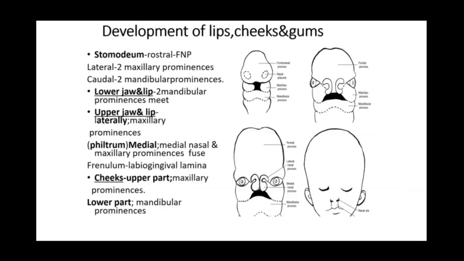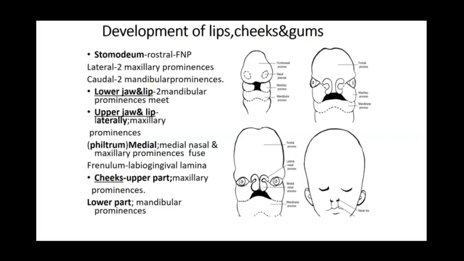So the upper lip and the cheek and a small portion of the lateral part of the nose, or the ala of the nose, are all going to develop from the maxillary prominences fusing with the lateral nasal prominences, the two maxillary prominences fusing with each other, and the two medial nasals fusing together and forming this portion, the philtrum of the upper lip. Cheeks, upper part, maxillary prominences.